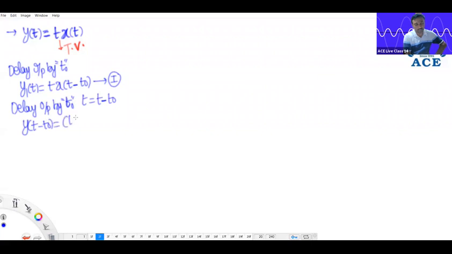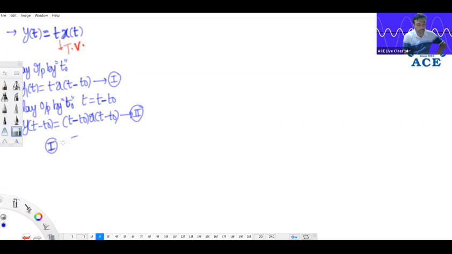So y of t minus t naught is t minus t naught into x of t minus t naught. The expressions on the right side are not equal. That way also we can say the system is variant.